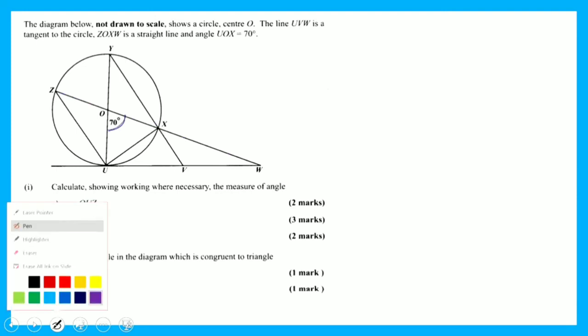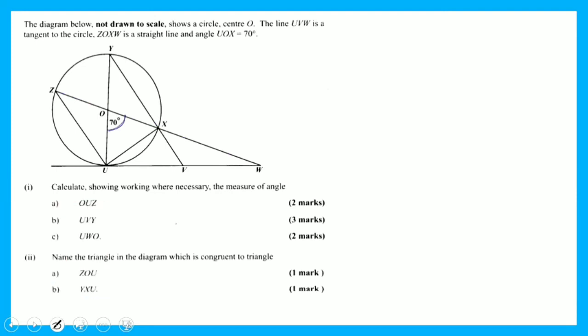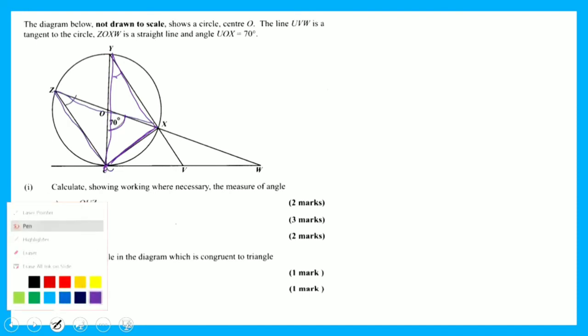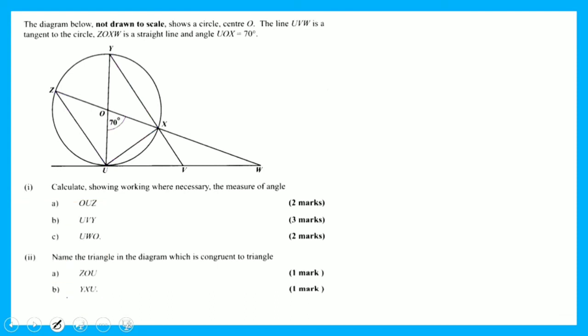Already you start to think, that 70 degrees angle is formed on this chord, so the one formed at the circumference at the point Z is going to be half of the 70. You look out for those. Those are the very, very simple ones.